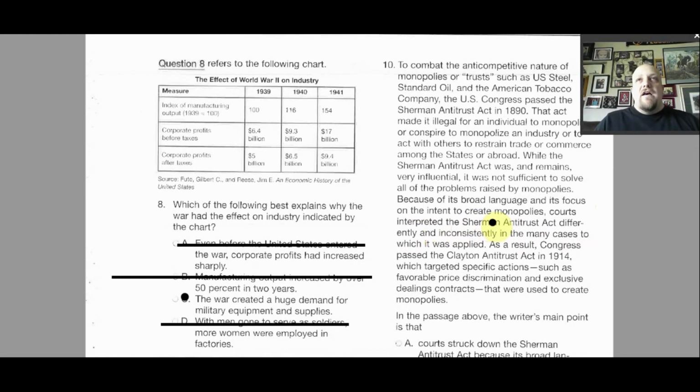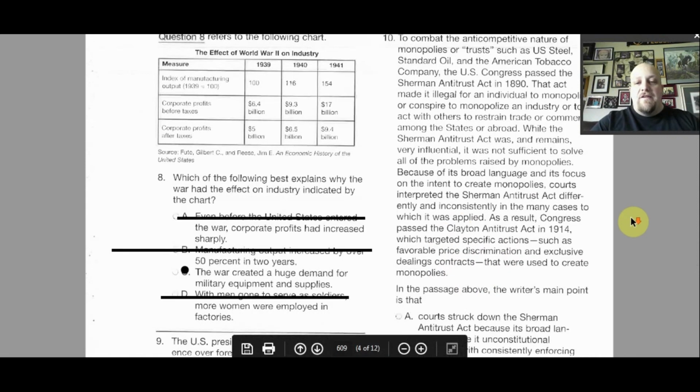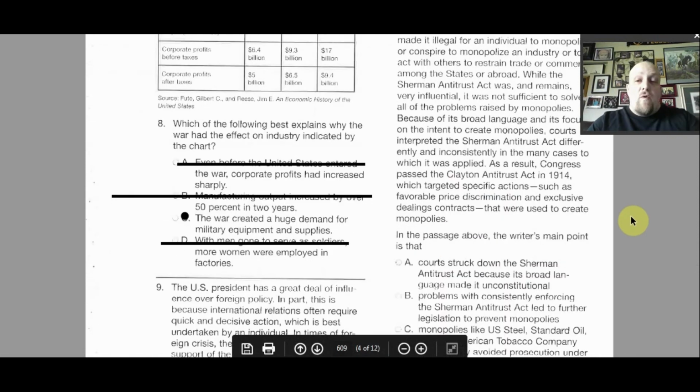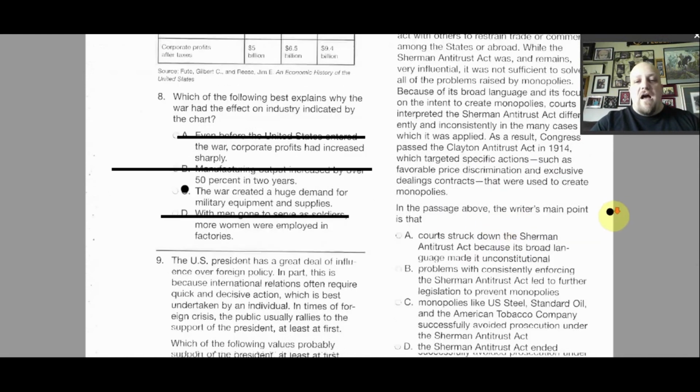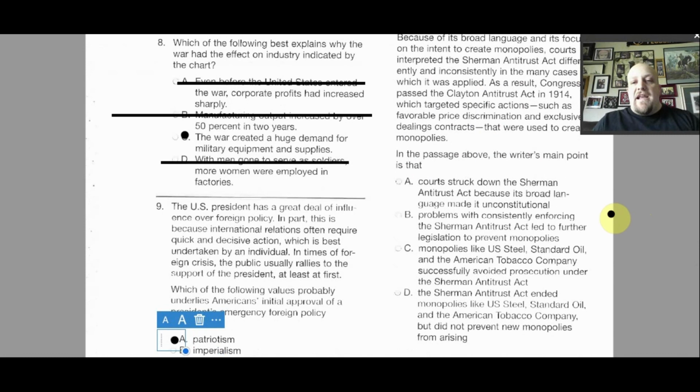So the idea that companies had this plan to create monopolies, and it was focusing on that, not so much the ones that were happening. Courts interpreted the Sherman Antitrust Act differently and inconsistently in many cases to which it applied. As a result, Congress passed the Clayton Act in 1914. So they're providing another one to piggyback off of this, which targeted very specific actions such as favorable price discrimination, exclusive dealings and contracts that were used to create monopolies. So the second one, the Clayton Act, is focusing a lot more and paring down the language.